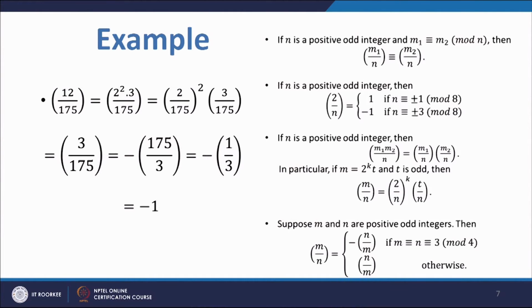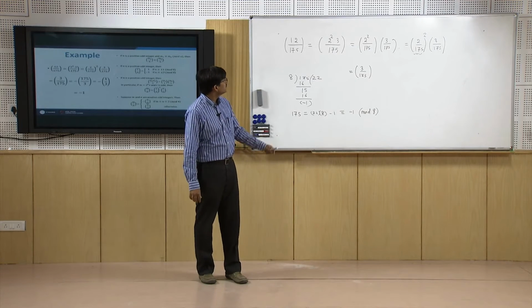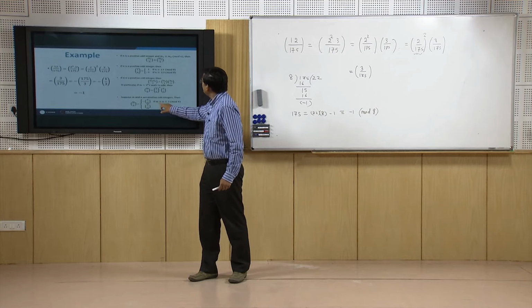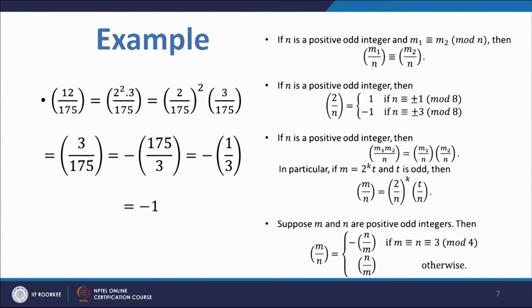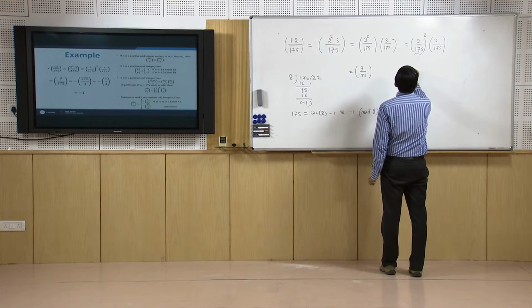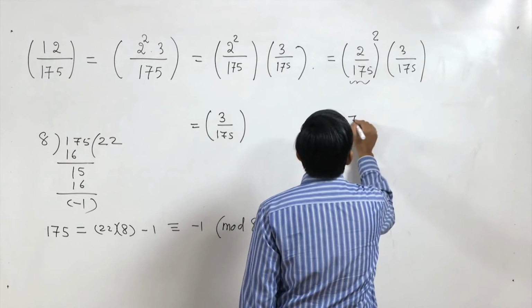In order to do that, I have to check whether m is congruent to n is congruent to 3 mod 4 or not, where m and n are 3 and 175. So, I have got 4 over here and 175 over here.